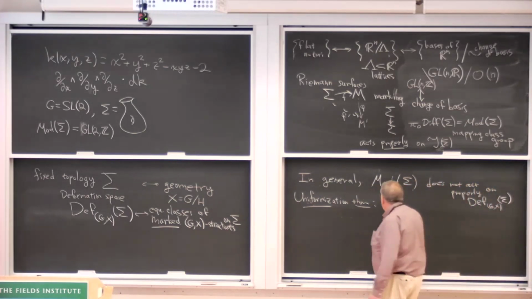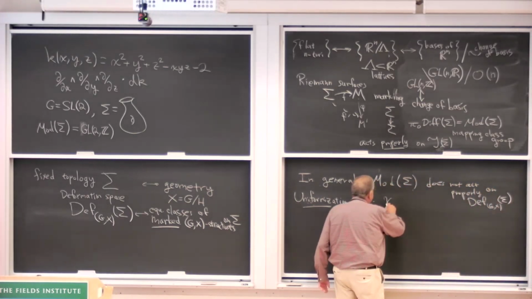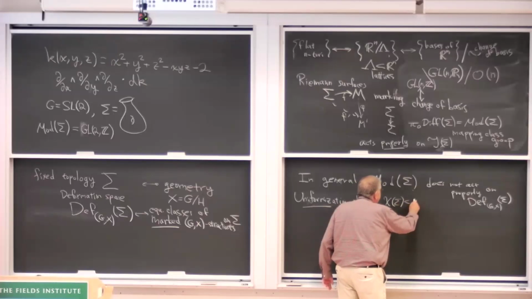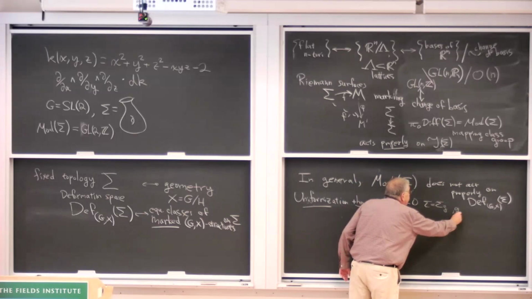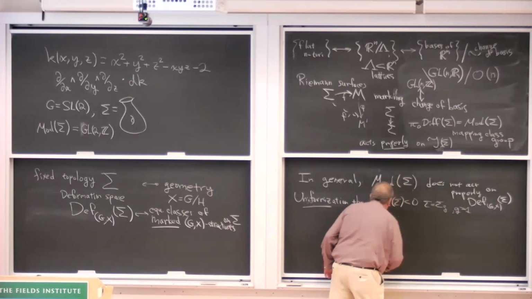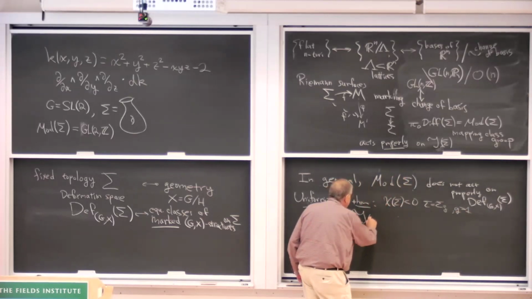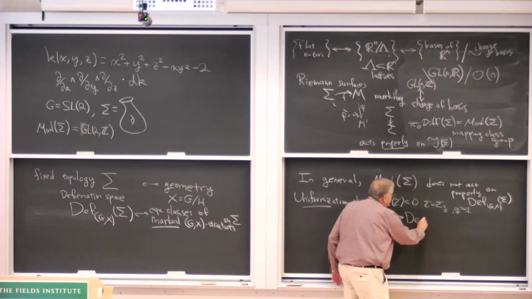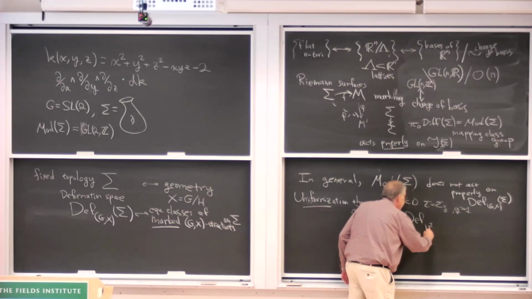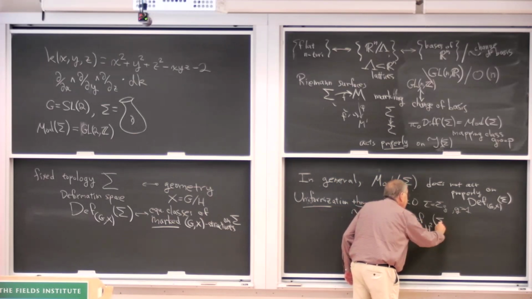And in particular, if the Euler characteristic of sigma is negative, so sigma is a surface of genus greater than 1, if it's orientable, then the Teichmüller space of sigma identifies with the deformation space of hyperbolic structures on sigma.